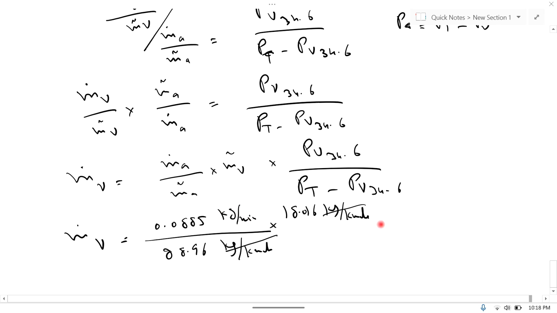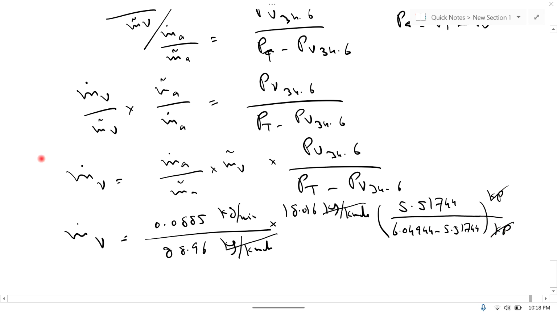So final unit will be kilogram per minute. And PV at 34.6 is 5.51744 divided by P total, 6.04944 minus 5.51744. Units above and below are the same, kilopascal and kilopascal, so kilopascal will be cancelled with kilopascal.